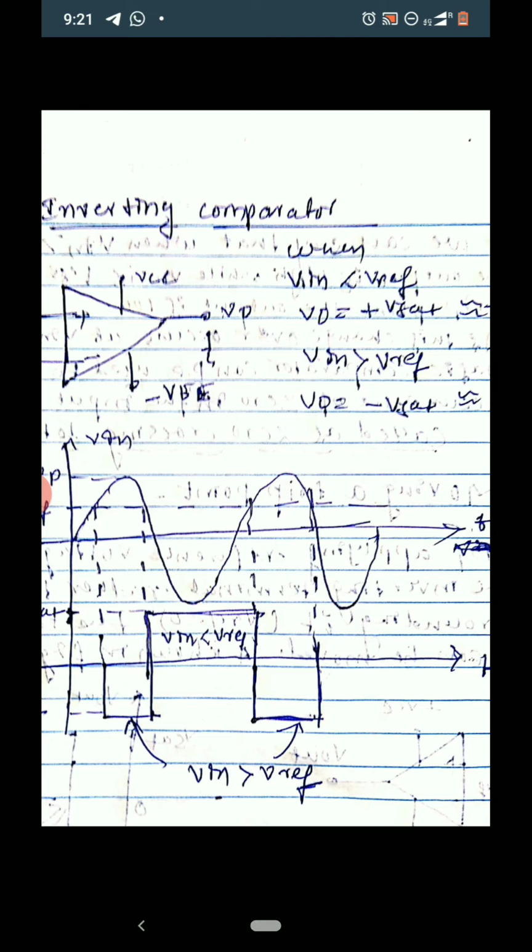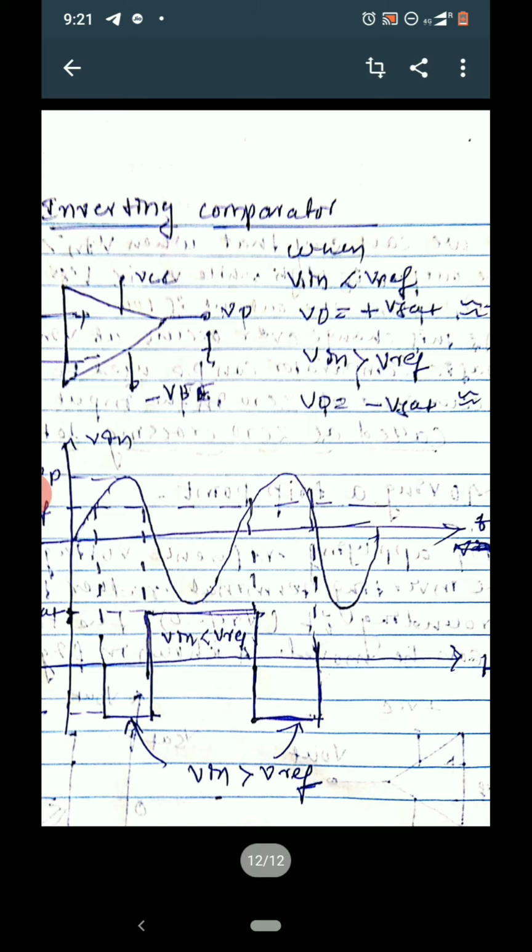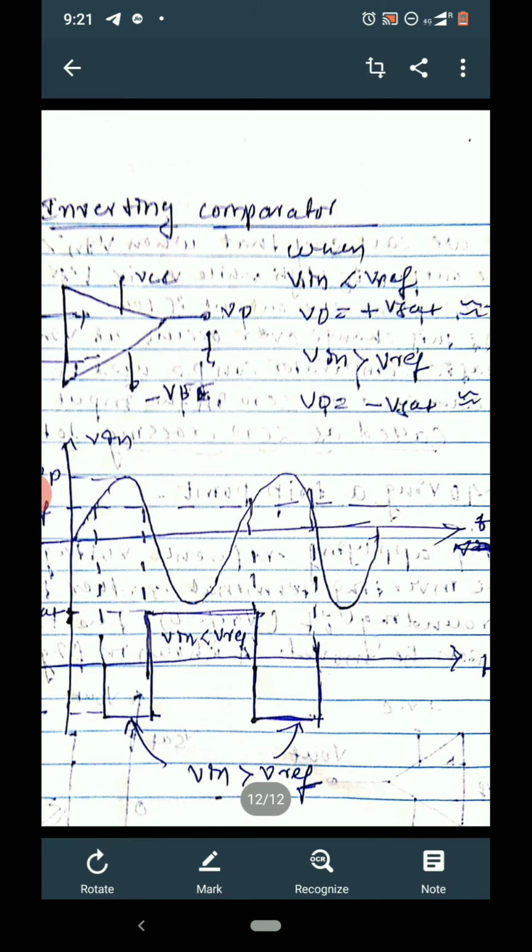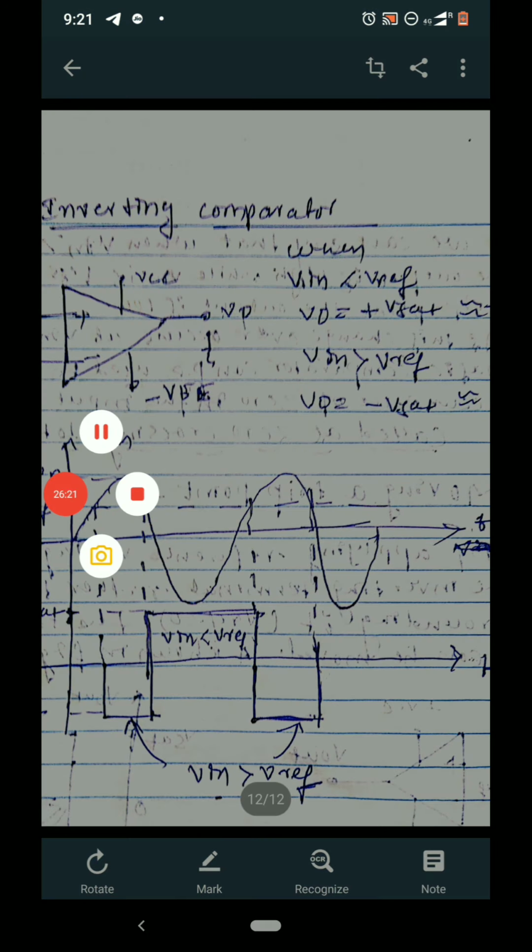By using op-amp as a comparator only. If you keep your V reference voltage equal to 0, ultimately your output will change when your input crosses 0. So that means once the output has changed from the previous state, that is the 0. At that point only your output has changed. The trip point is V reference equal to 0 only. Okay, so we will discuss this next.